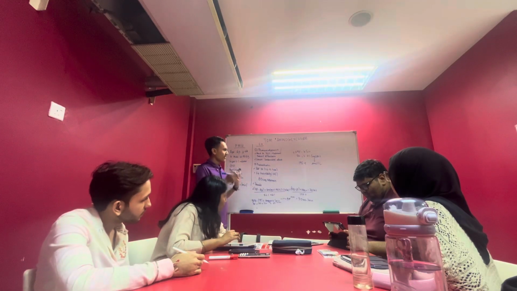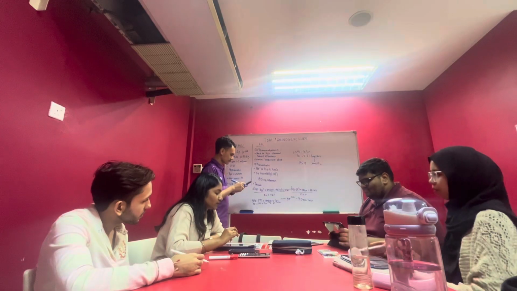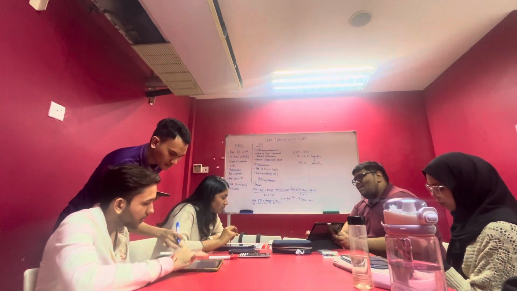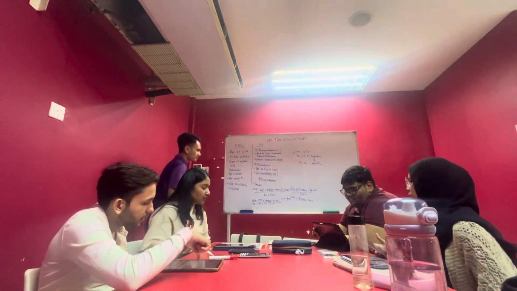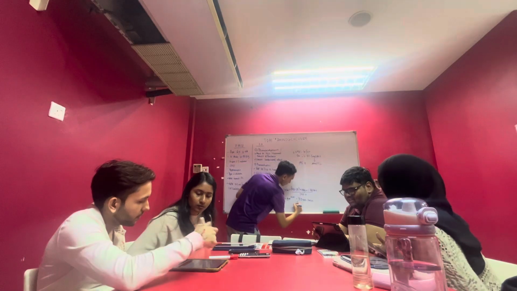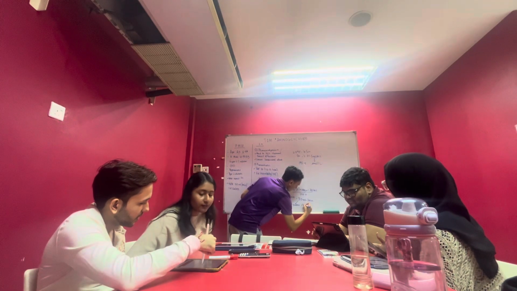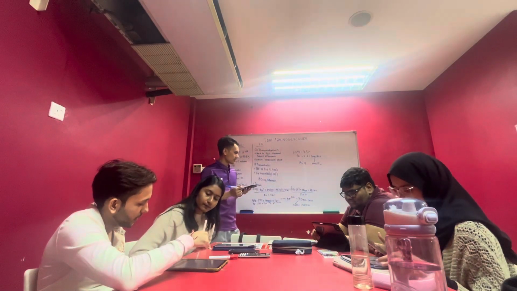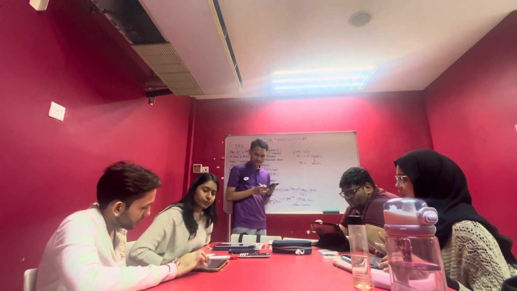Okay, now we have to find volume of distribution because we have to find the estimated initial dose. Conventional dosing. Okay, creatinine clearance kita dah dapat. We need to find volume of distribution.